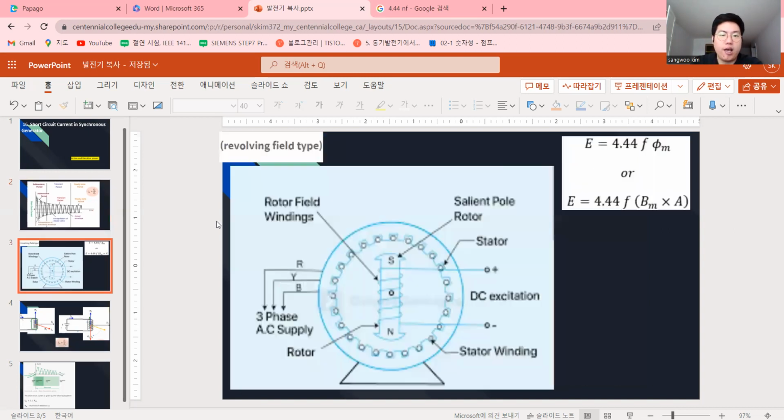And then this is our diagram for the synchronous generator. First of all, we need to see the rotor here, right? It's shaped like this, and we are rotating it, for example, at 36 RPM.